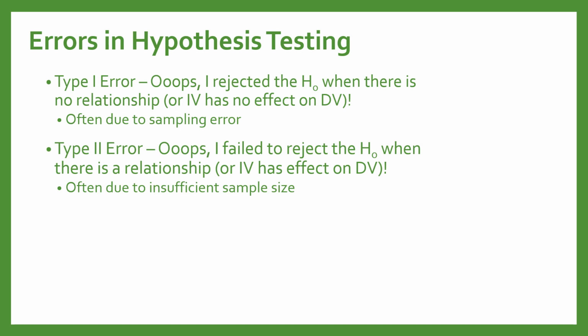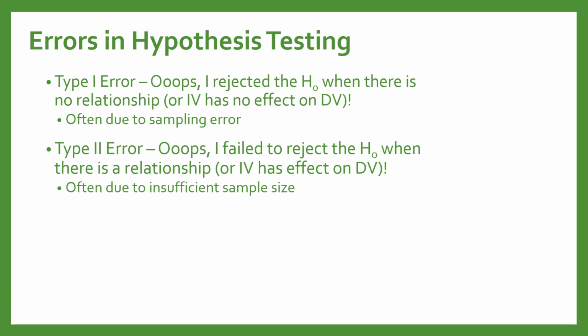Especially if you don't rely on random selection and randomly assigning people to conditions, which we'll get into more this semester. But you may have just, by chance, had a group of students who were doing the peer support thing that were already more likely to graduate for other reasons. That's a type 1 error. When you reject the null, you say that your treatment had an effect or your variables are significantly related when they really weren't, and it was just a function of sampling error.